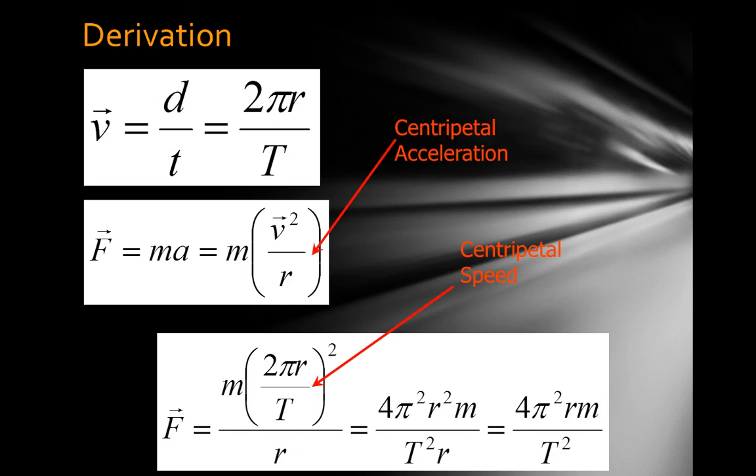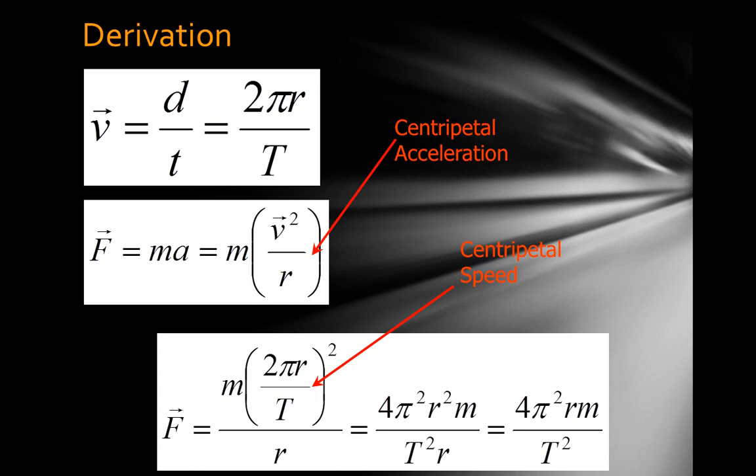So from yesterday we talked about this formula here, the constant speed formula, but the distance traced out is the circumference, so 2 pi r, and the time it takes to cover that circumference would be the period, capital T. So you have 2 pi r divided by T. Now we know from the last unit that the force is equal to ma, that's the net force.